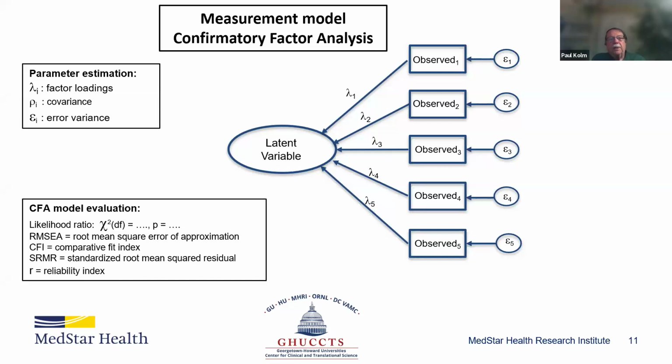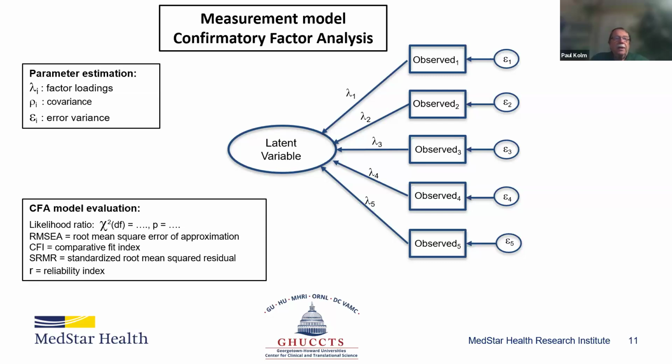We generally want that to be low, but that sort of depends on the model itself. And then finally, what we want to look at is a reliability index, which is giving us, in measurement terms, a measure of reliability of our model.